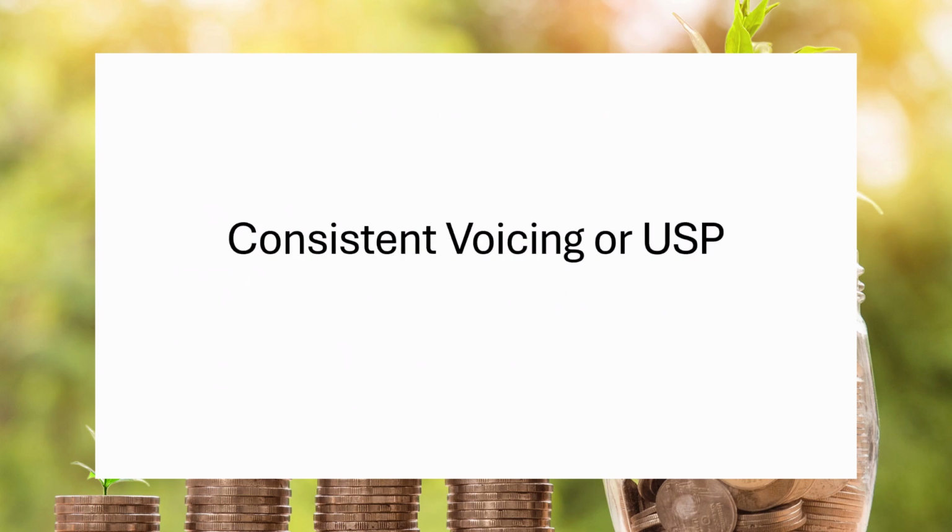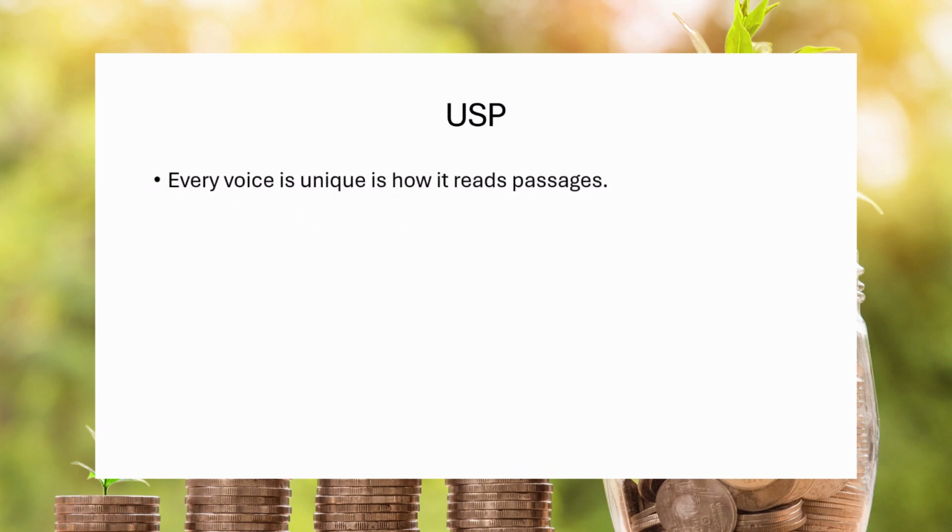We're talking about consistent voicing for your voice using 11 Labs. And every voice is going to be unique in how it reads the passages in the software. So what you're going to find is that when you run something through 11 Labs and you give it a text to run, it's going to read it differently depending on which voice you use. If you put maybe a male voice in there, or you put the Antoni voice in there, it's going to read it a certain way.